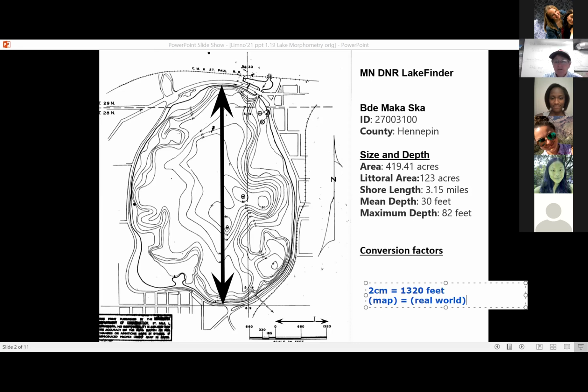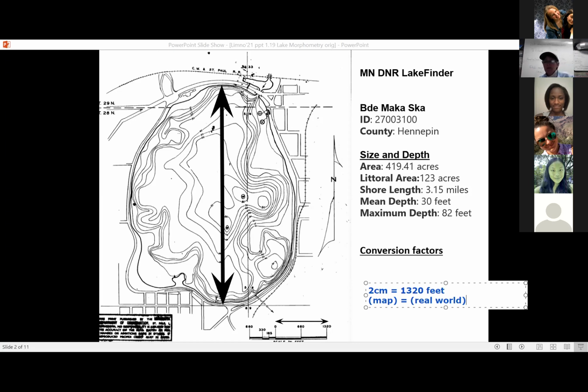For example, if this is 2 centimeters long, then 2 centimeters on the map equals 1320 feet in the real world. And then you take your measurement here in centimeters and you use your conversion factor.